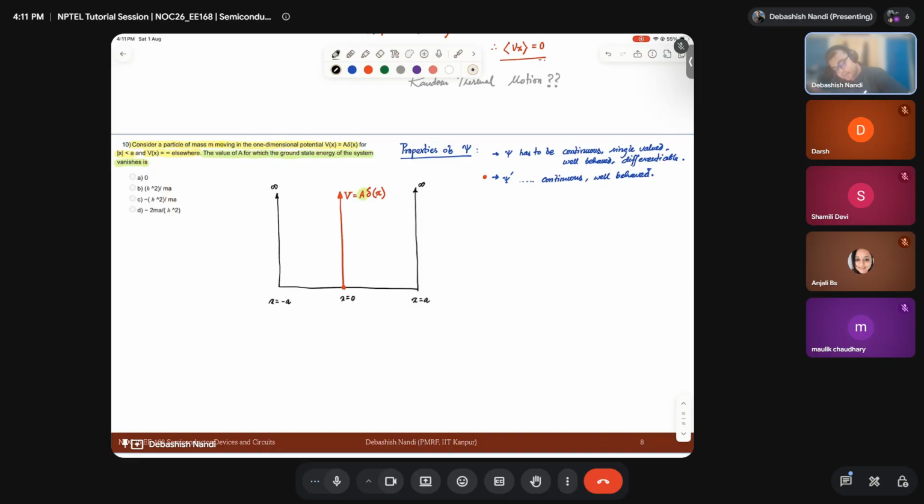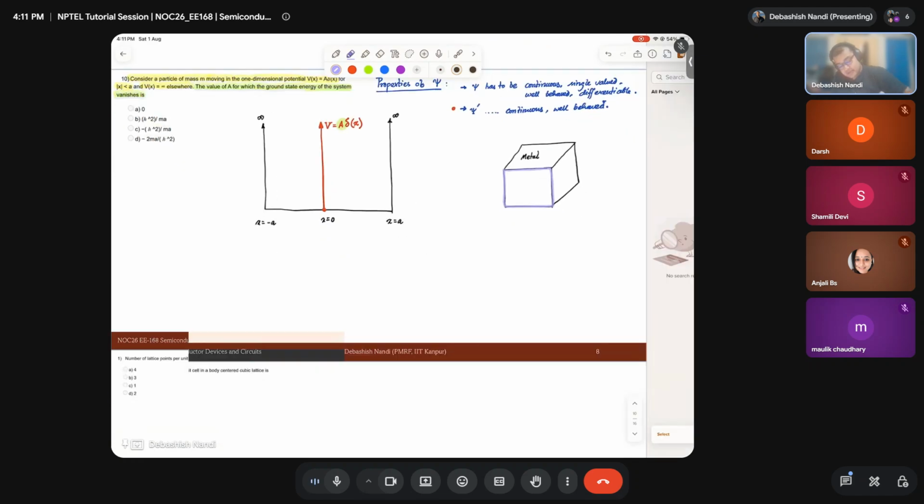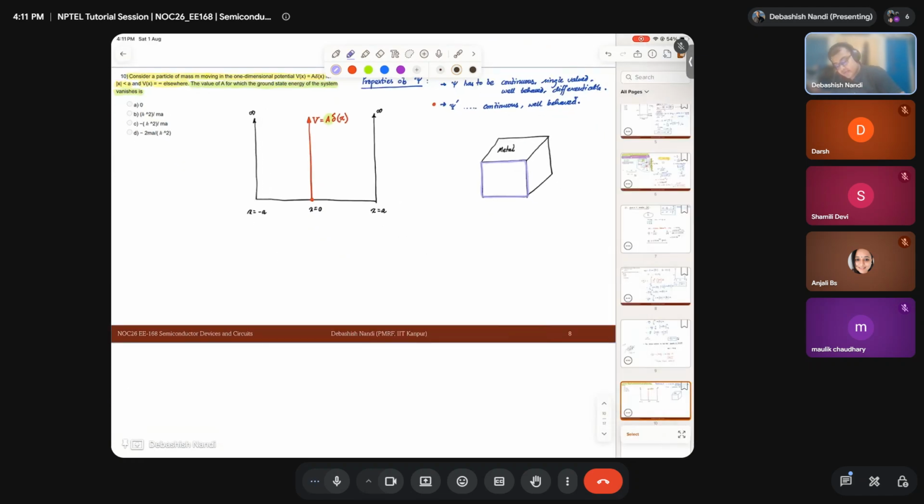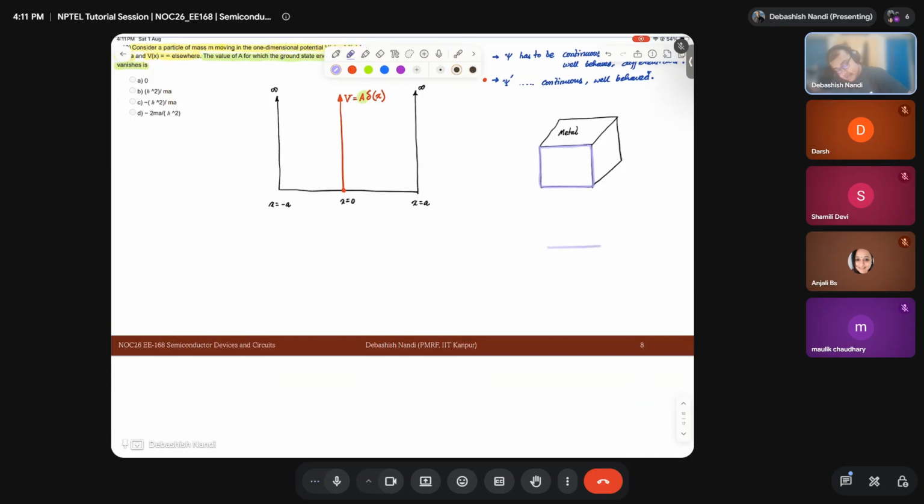Let's say I have a metal cube. Now we are only concerned about the 2D picture of it, so I am drawing the front view as this.